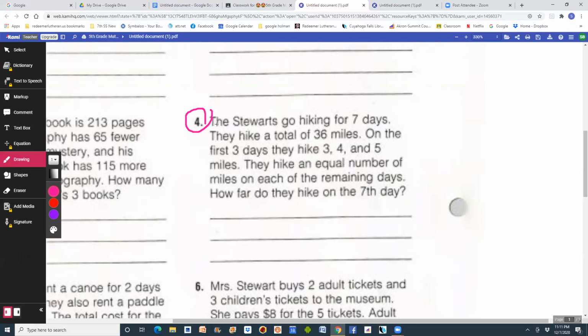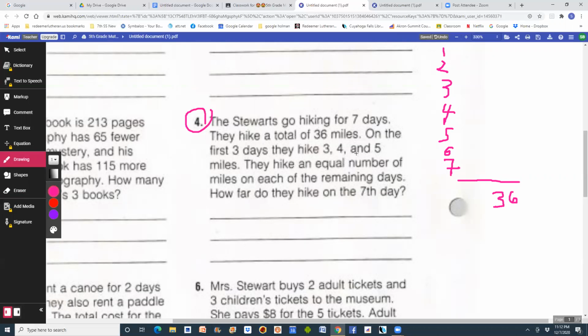The Stewarts go hiking for 7 days. I'm wondering if maybe I should make a list of the 7 days. 7 days, and they hike a total of 36 miles. So if I were to add them all up, it'd be 36 miles.